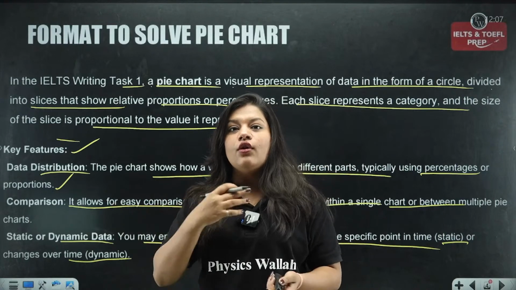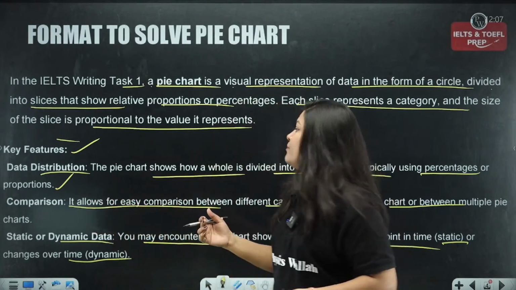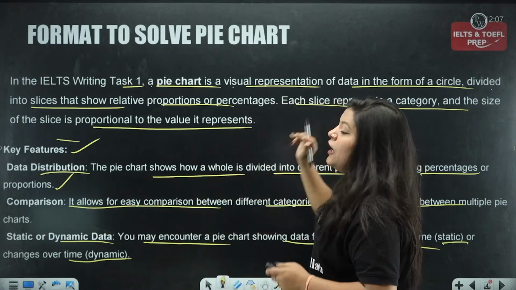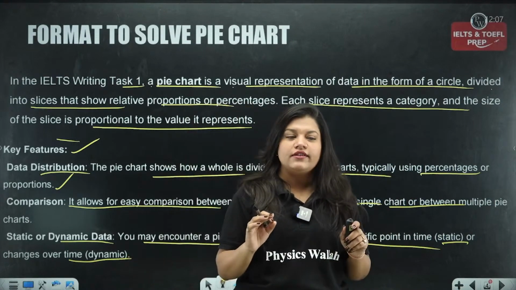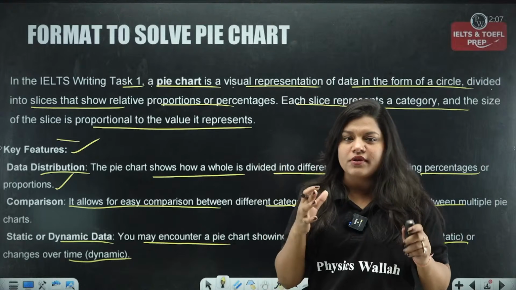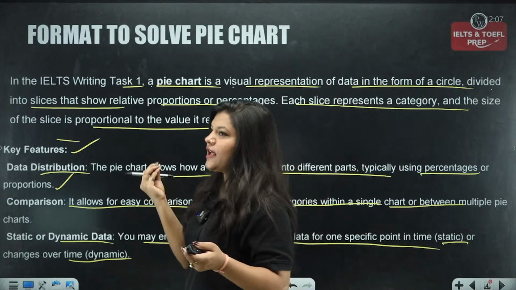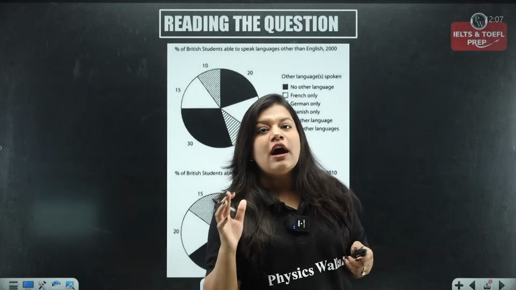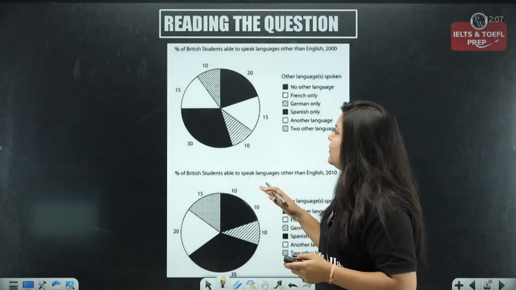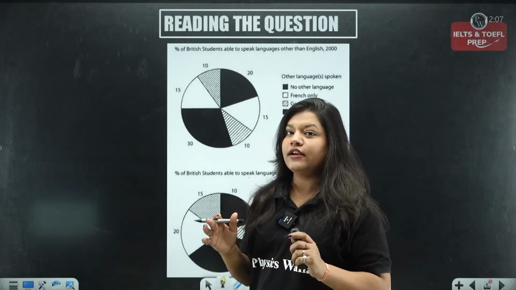Okay. Now, done. Noted. Clear about pie chart? What is a pie chart? It's just a diagrammatic representation of different proportions and presentations that you're going to get. Okay, now let's talk about how we are going to deal with it when we are solving this particular type of question.